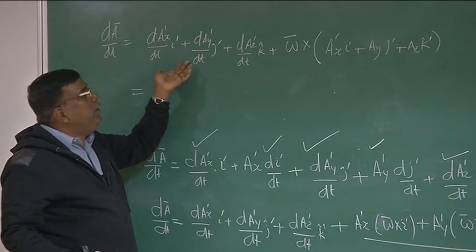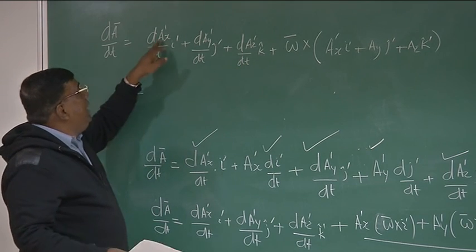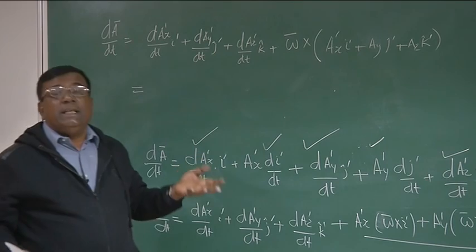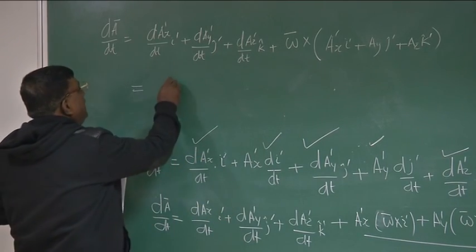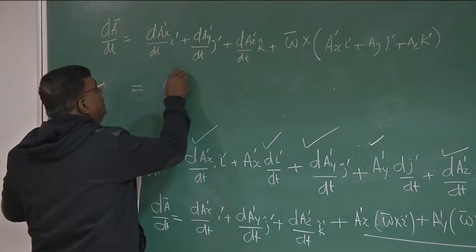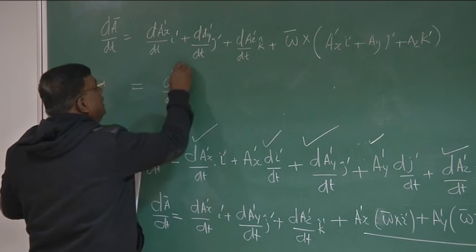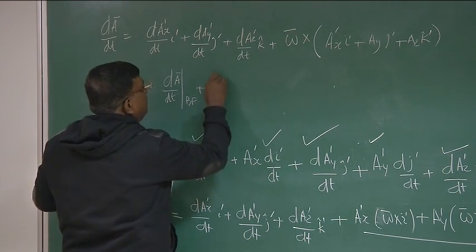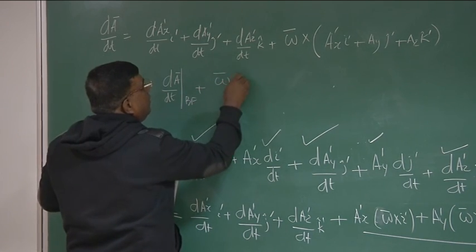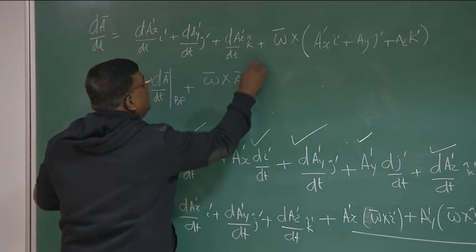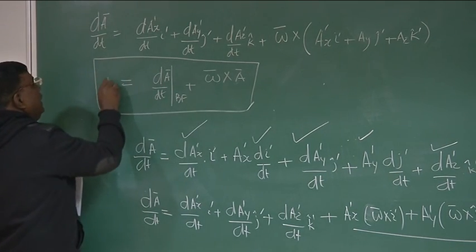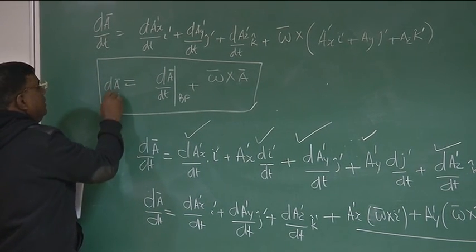So you are operating in the body frame now, because Ax prime, Ay prime, Az prime were with respect to the body axes. So I write dA by dt in body frame, and very simply, plus omega cross A.